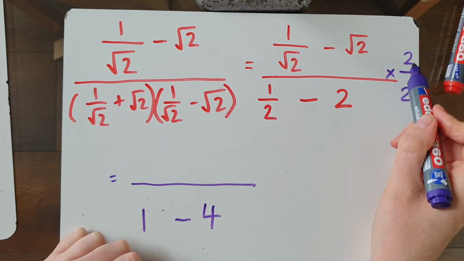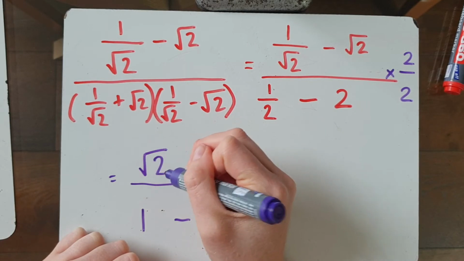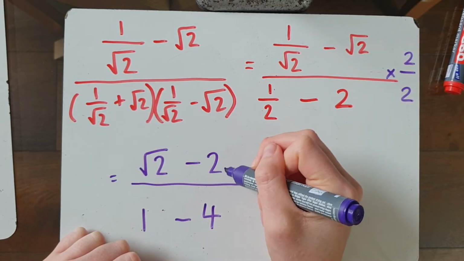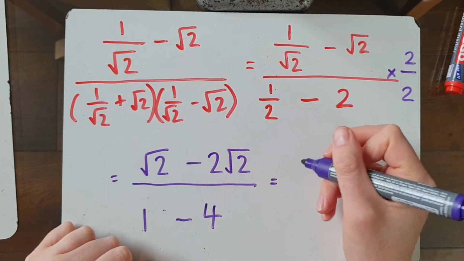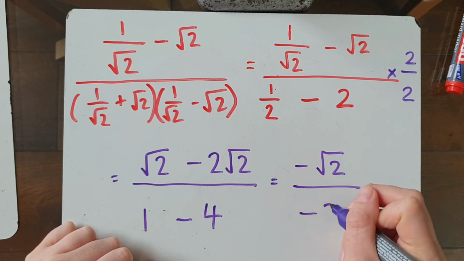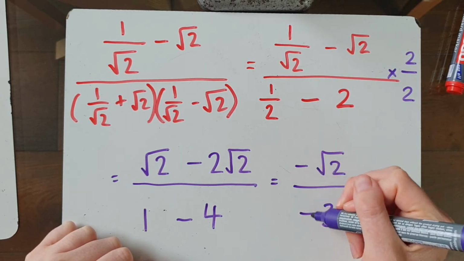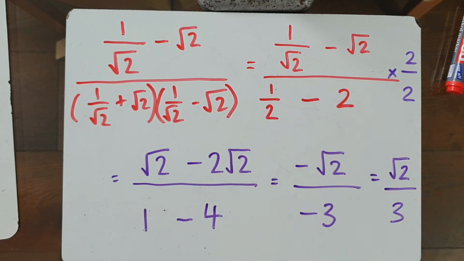And on the top I will get 2 over root 2, which is root 2, minus 2 root 2. So I end up with minus root 2 over negative 3. The negative signs cancel, so I get root 2 over 3.